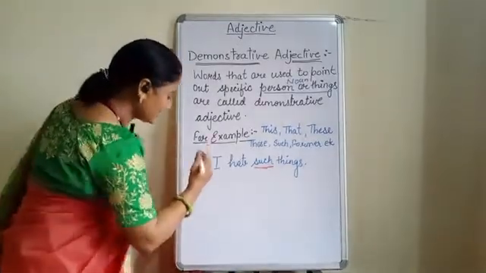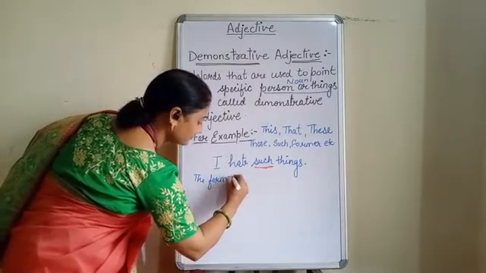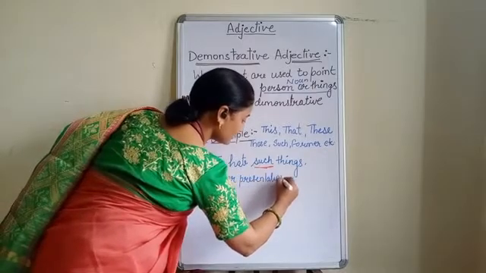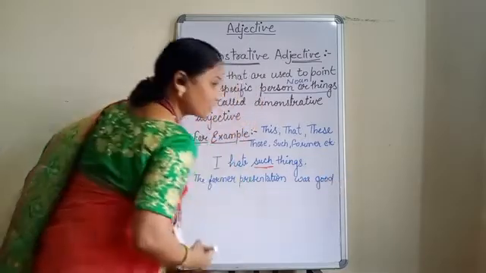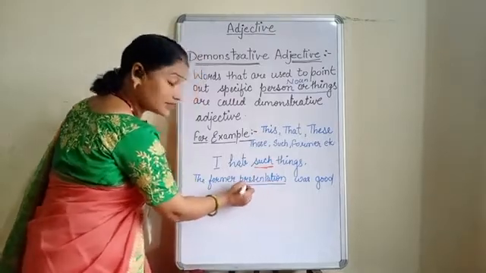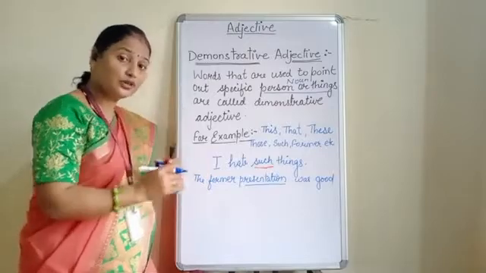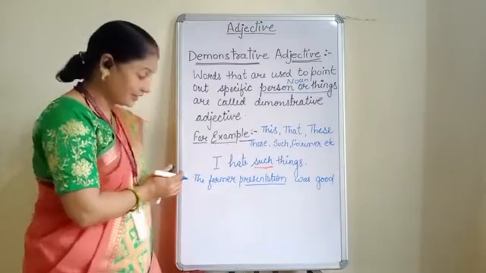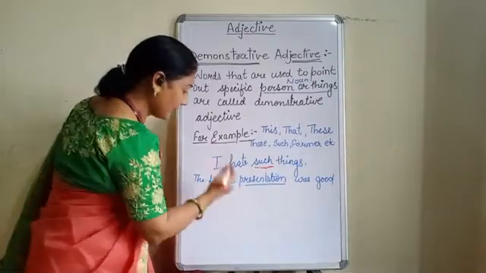Suppose if I write the former presentation was good. Okay. So, I am talking about presentation and we are pointing out towards the former presentation, the earlier presentation. Then, this word will be your demonstrative adjective.